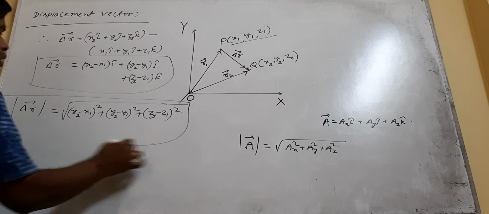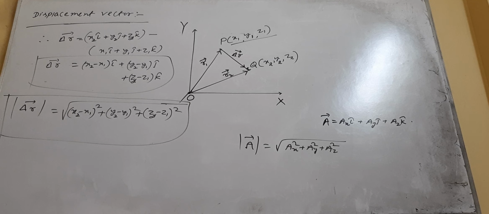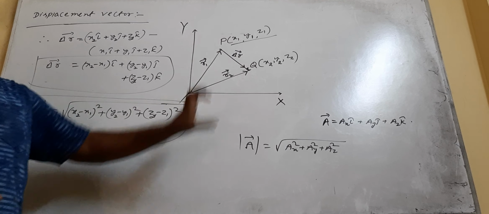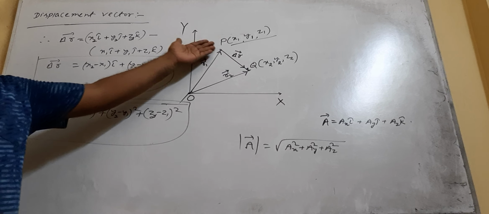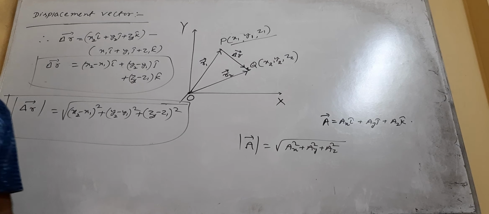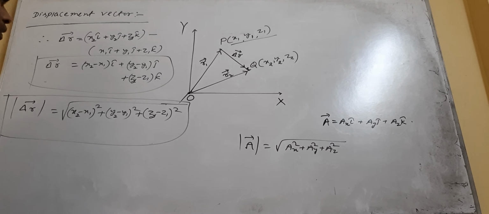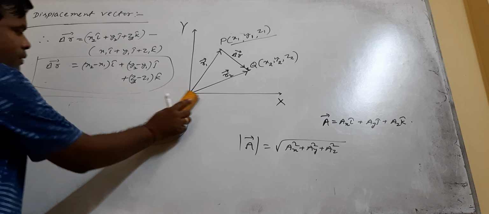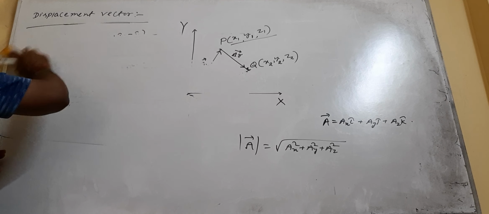It is the magnitude of the displacement vector. So you can say it is the straight line distance between the initial position and the final position. So let us solve some numericals.